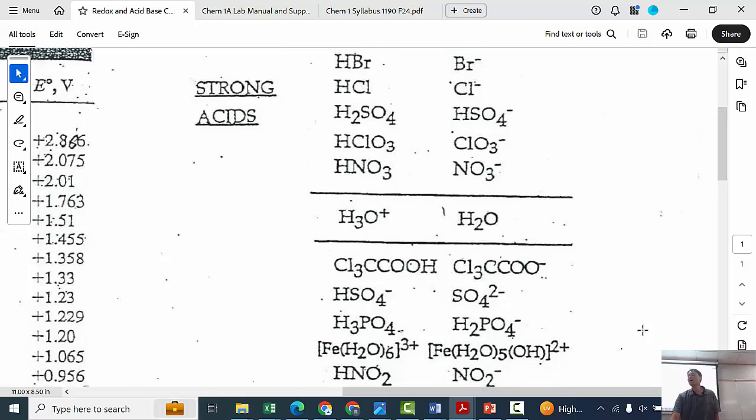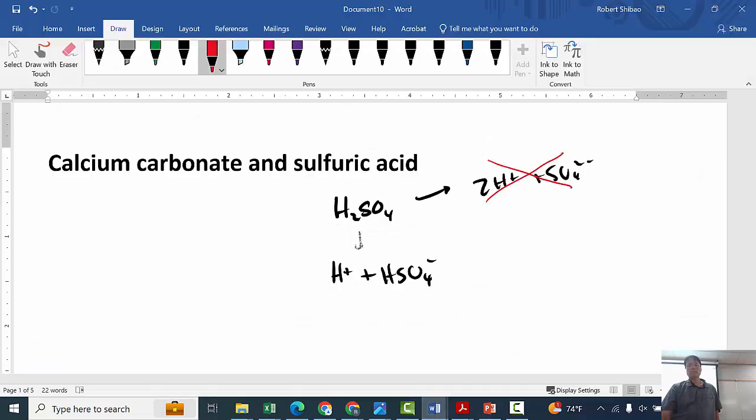So for acid-base reactions, we need to know, are we dealing with H2SO4, bisulfate, or sulfate? They're totally different acid-base properties, but they're treated the same in redox. Is that clear? So we don't break off both.